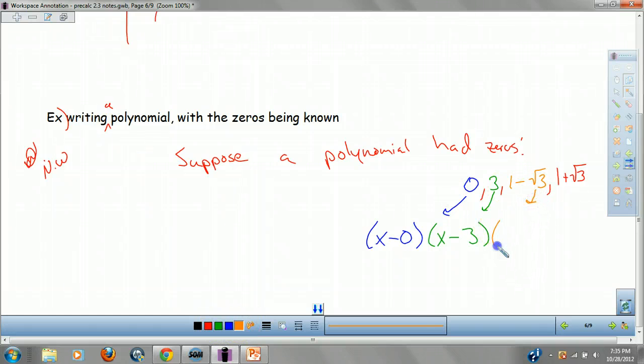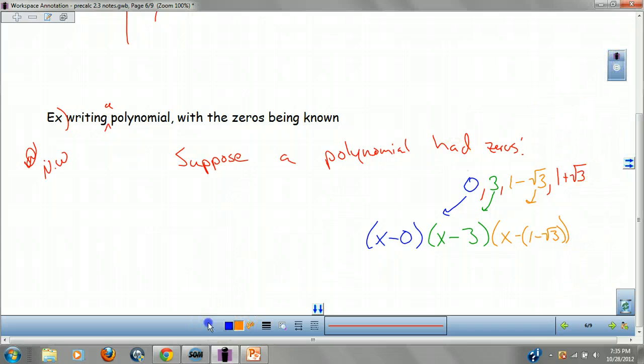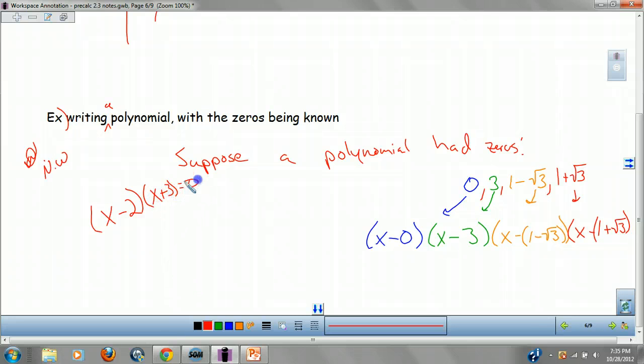This says x minus, gotta put it all in parentheses, 1 minus square root of 3 is in my solution. And this says x minus 1 plus square root of 3 is one of my solutions. Because remember back in the day, you see something like this. That tells you that x equals 2 and negative 3. Well, it's just working backwards from that, but we have a lot of them.